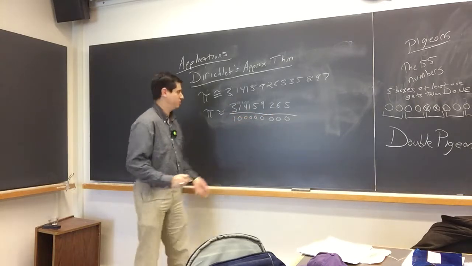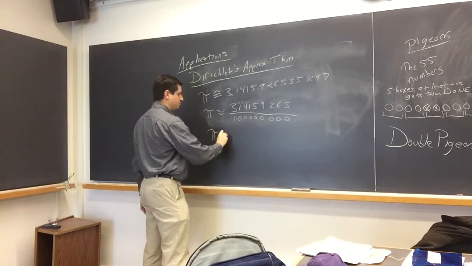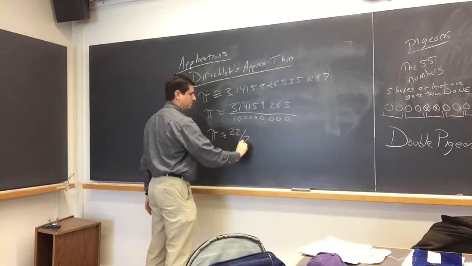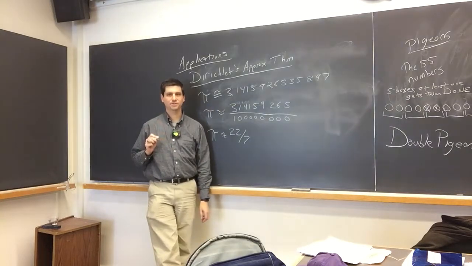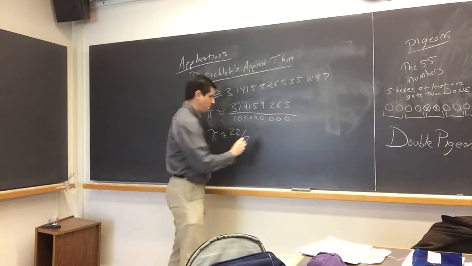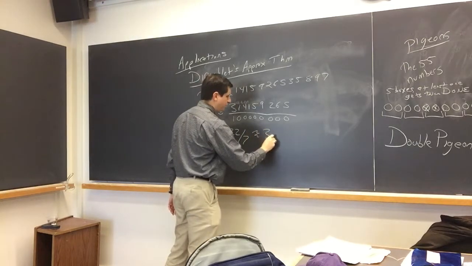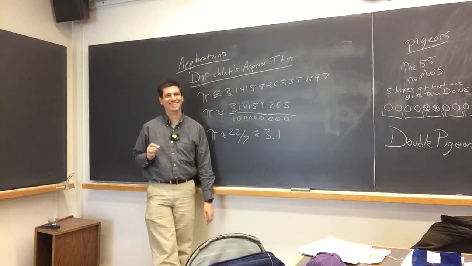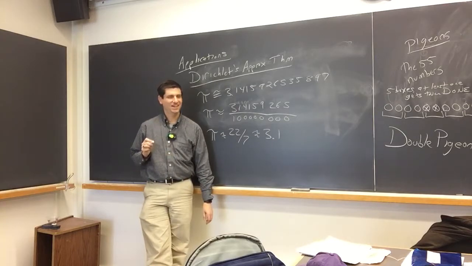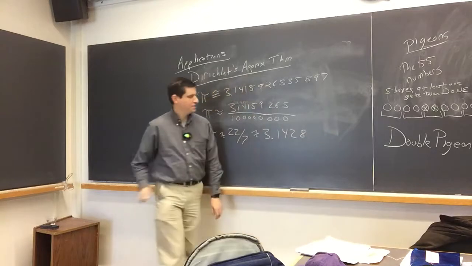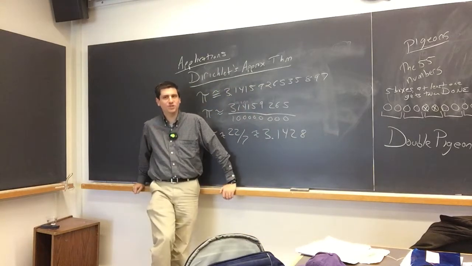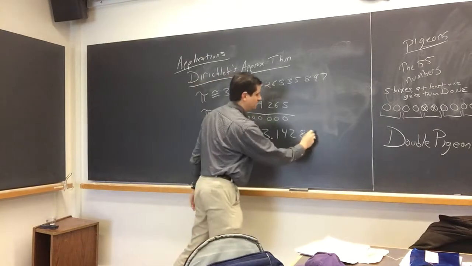So there was another suggestion that we should use pi is approximately 22/7. Anybody with a calculator want to tell me approximately what this is? It's about 3.1428.